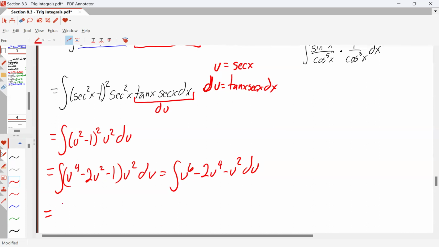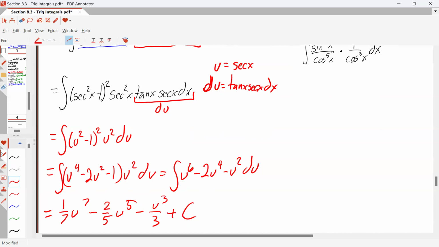We can integrate that to get 1/7 u to the 7th minus 2/5 u to the 5th plus u cubed over 3, plus c.